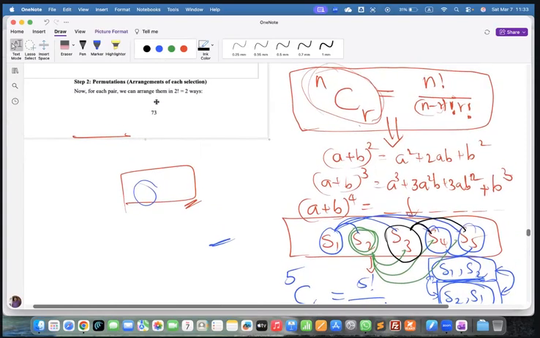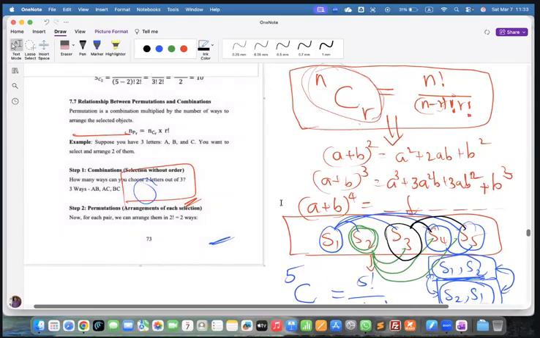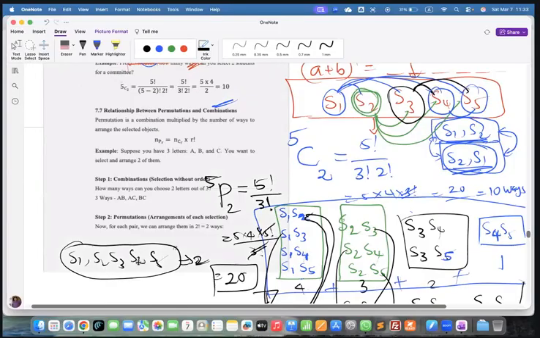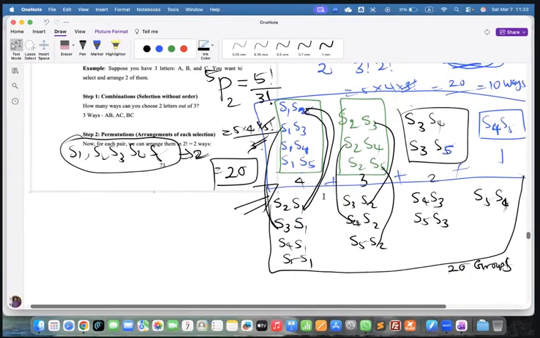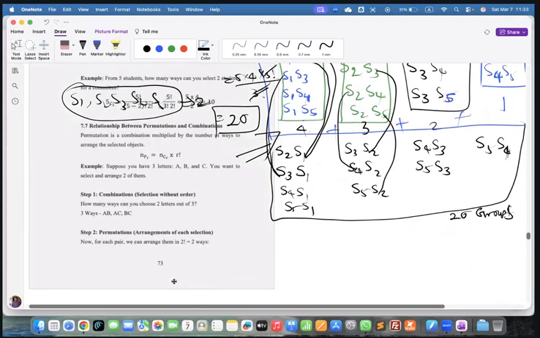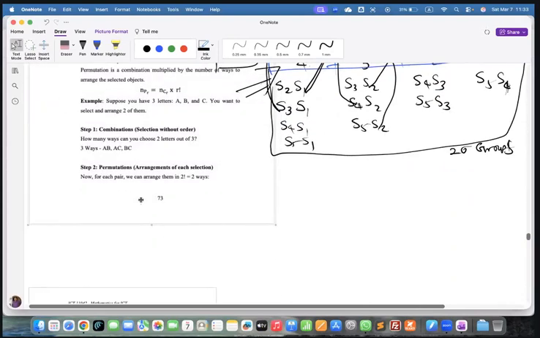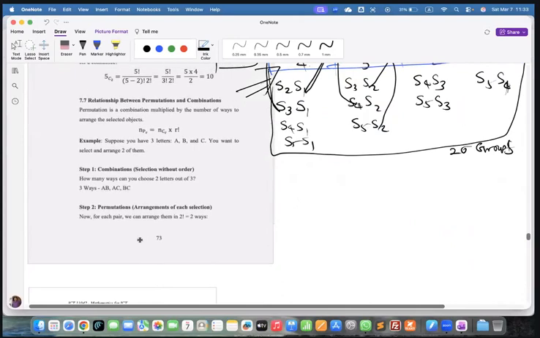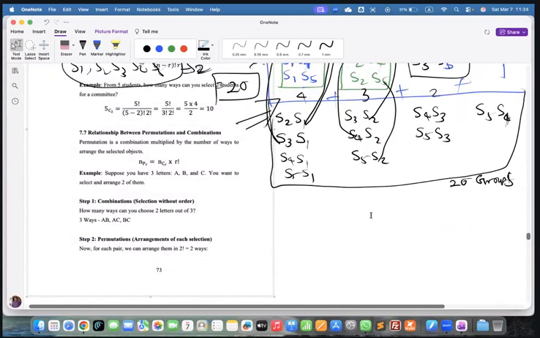Give me a minute. So you can read and understand the relationship between these, right? You can read the relationship, what they are telling. Permutation is a combination multiplied by the number of ways to arrange the selected objects.